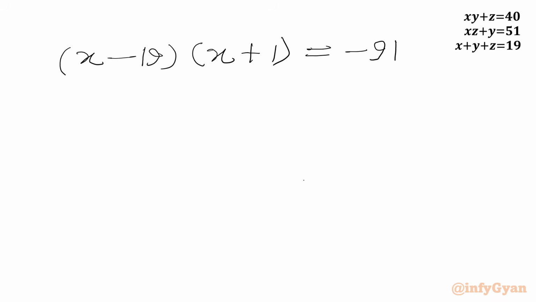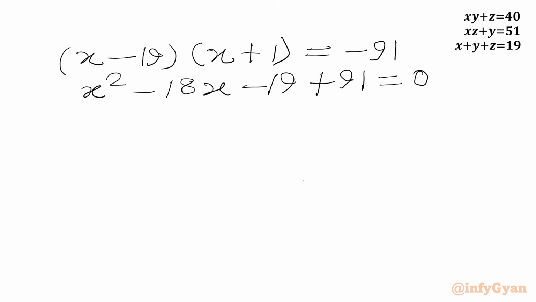Now we will multiply these two brackets and we will get X square plus X minus 19X minus 19 times plus 1 minus 19 equal to -91, which we will write here. So plus 91 equal to 0.